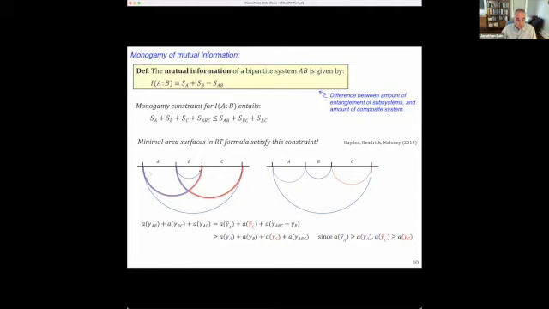The curves that extend downwards represent bulk surfaces that are anchored on the boundary. In particular, we can identify the minimal area bulk surface gamma AB as that bulk surface with the same boundary as the union of A and B that has the minimal area.